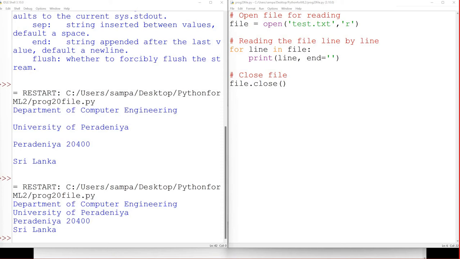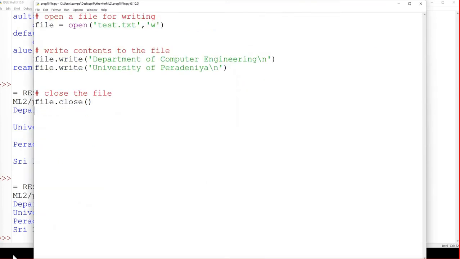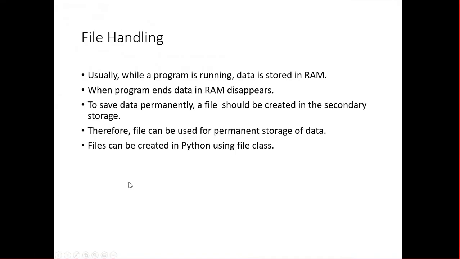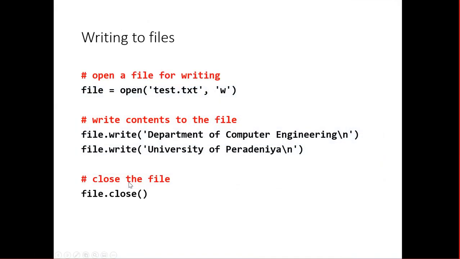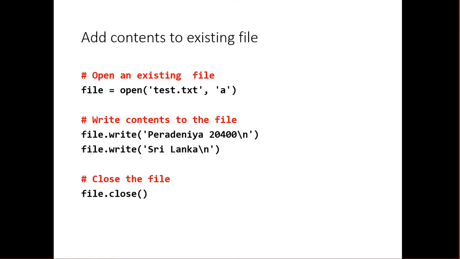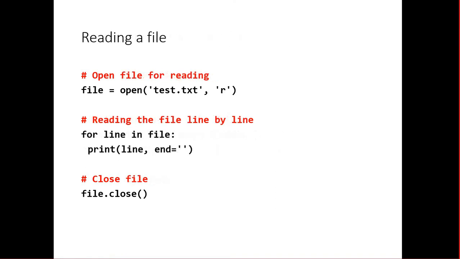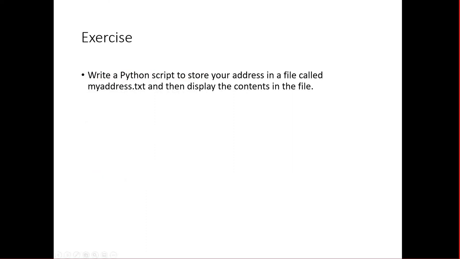Those who have finished, I want you to quickly write a small exercise, and then share the code in the chat. Here is what we are going to do. Let me go back. We have already discussed writing files, appending and reading. So this is what we have done. A quick exercise, within 5 minutes, I want you to finish this.